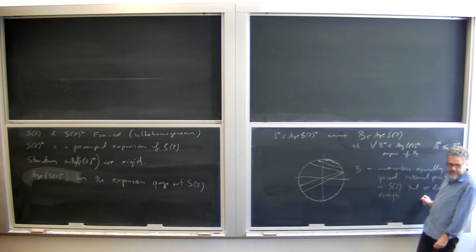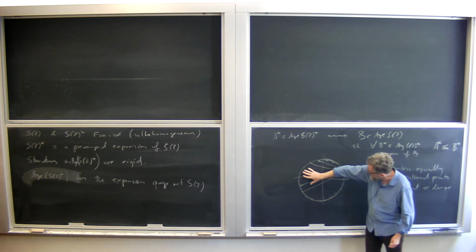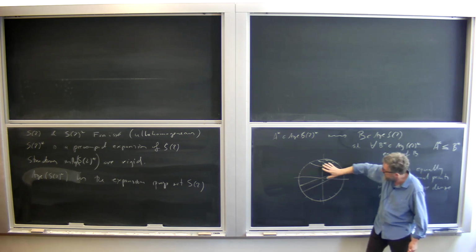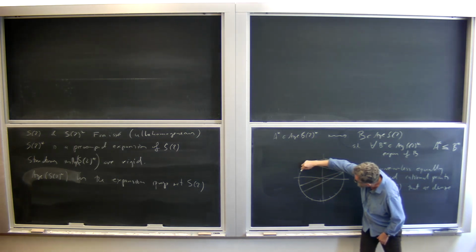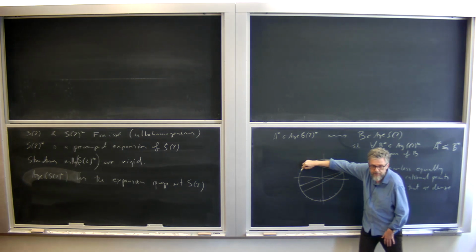Now, what about dense enough? I have some number of points in A star here, some number of points in A star here. If B is dense enough, every point in A will have a very close neighbor to it.